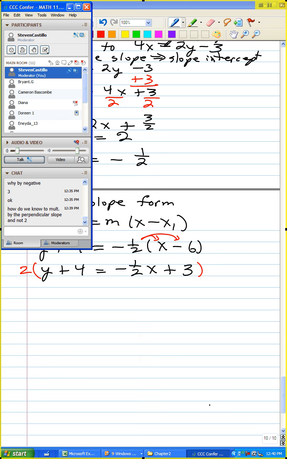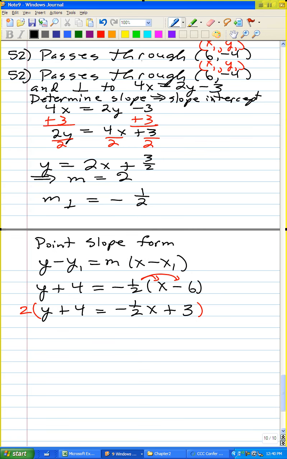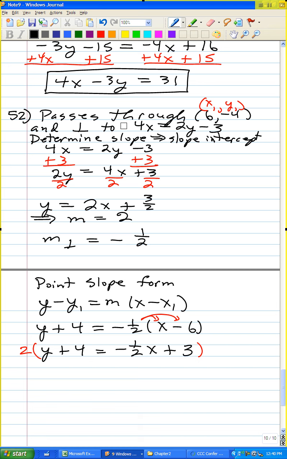Question. Oh, because it says here, it passes through this point and is perpendicular to this line. So it's perpendicular. So we don't want the equation of a line parallel to that other line. We want the equation of a line perpendicular to that given line.